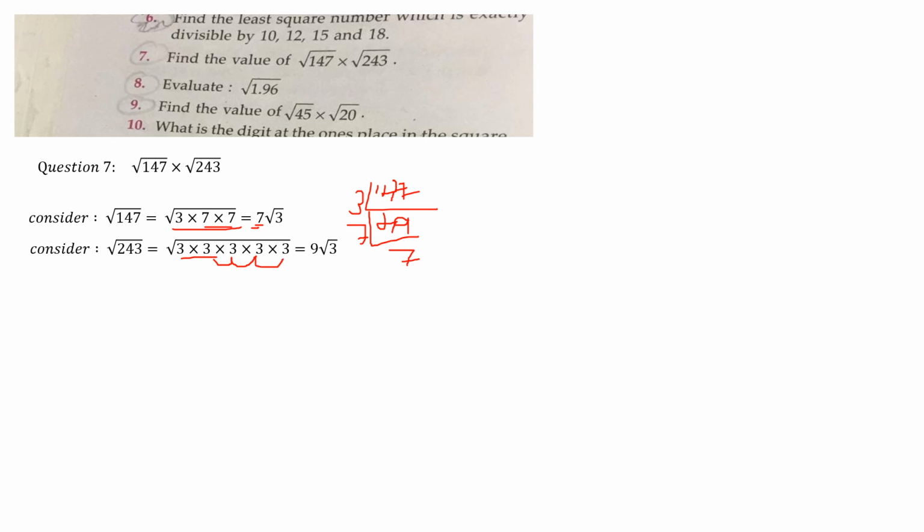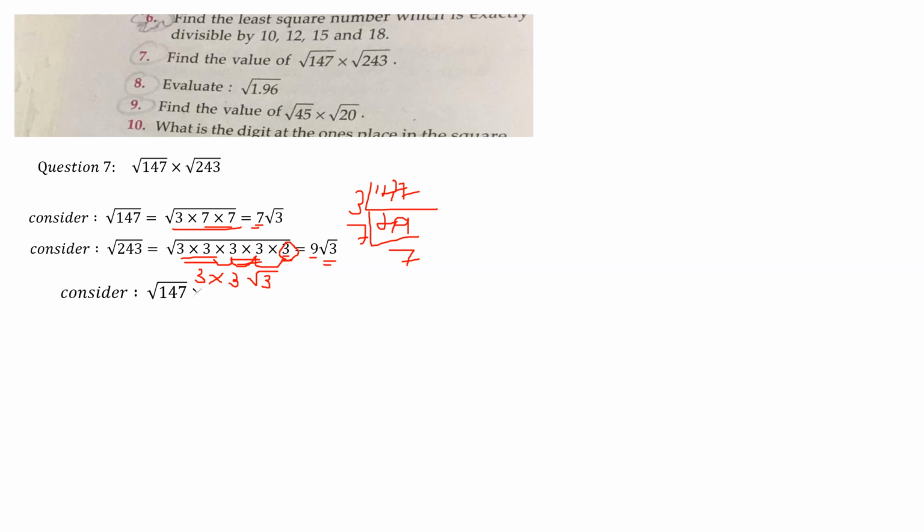Then finding the square root is nothing but grouping into pairs. 3 into 3, so the square root of 3 into 3 we write 3, and for this pair we write another 3, and this is single, so we write square root 3. So 3 into 3 is nothing but 9 and square root 3 as it is.